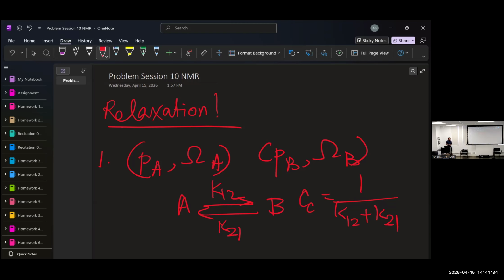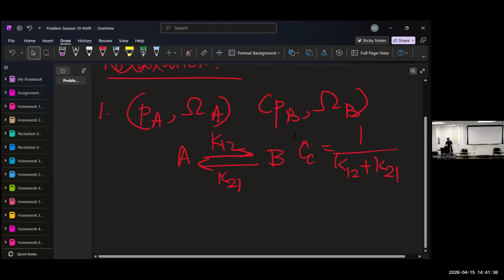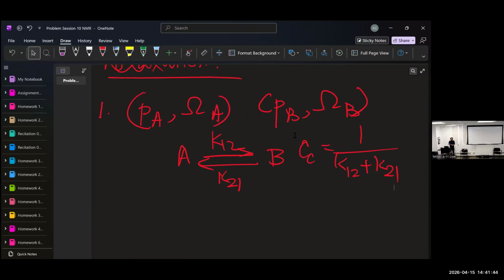Variance is like deviation from the mean value. So, mean square deviation: omega A minus the mean shift, and omega B minus the mean shift. What is the mean chemical shift?